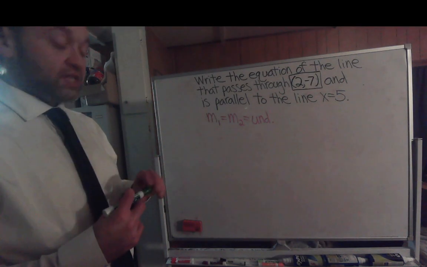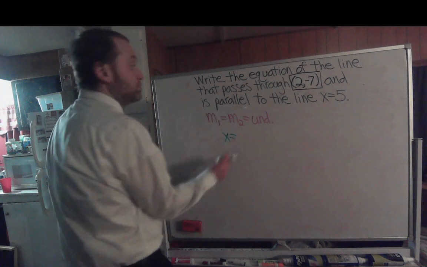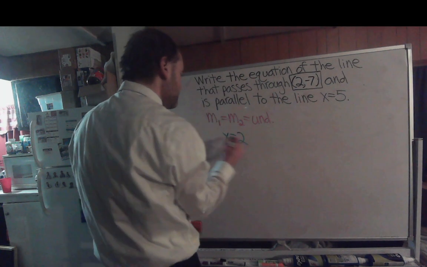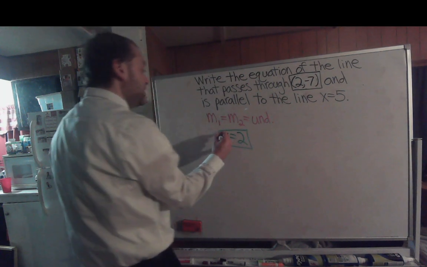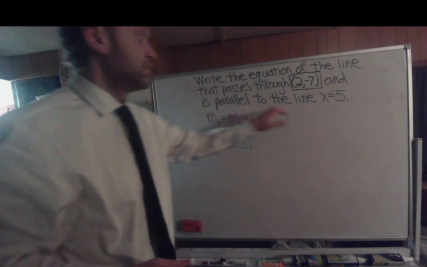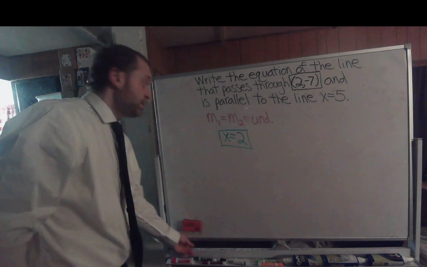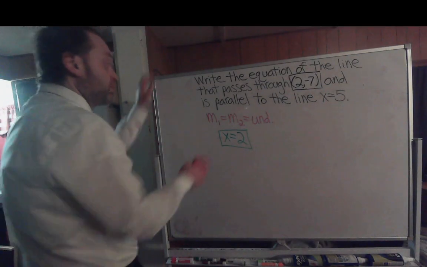So all you're going to do is take x and set that equal to your x coordinate of 2. So the equation of the line that passes through (2, -7) and is parallel to the line x equals 5 would be x equals 2. I got one more problem, then we're done for the day.